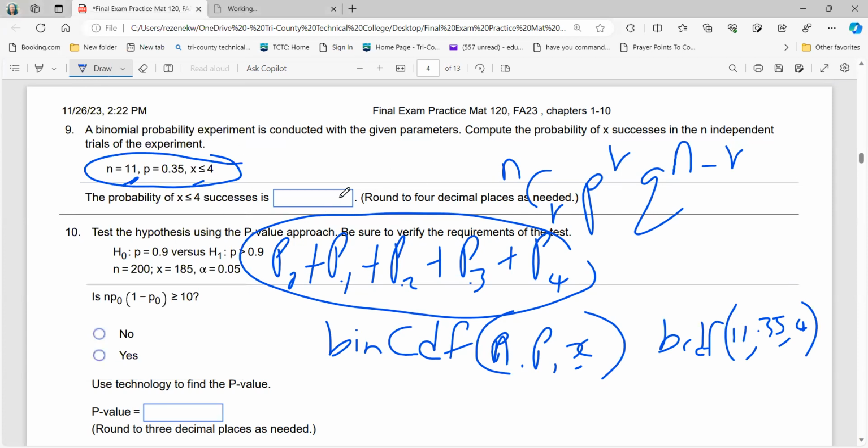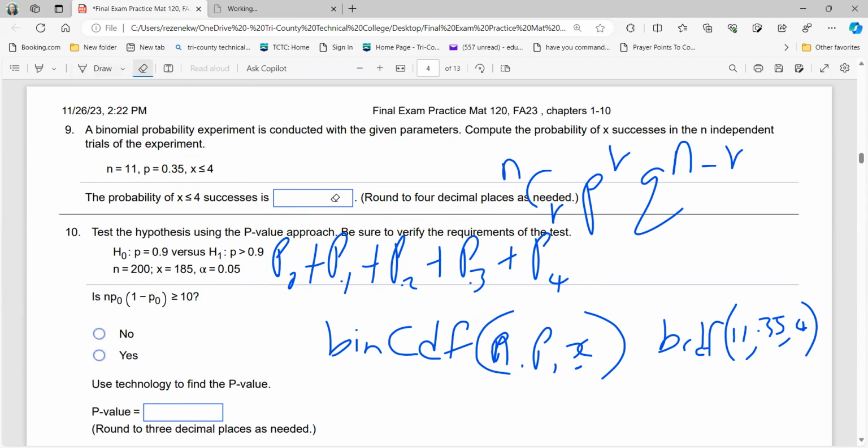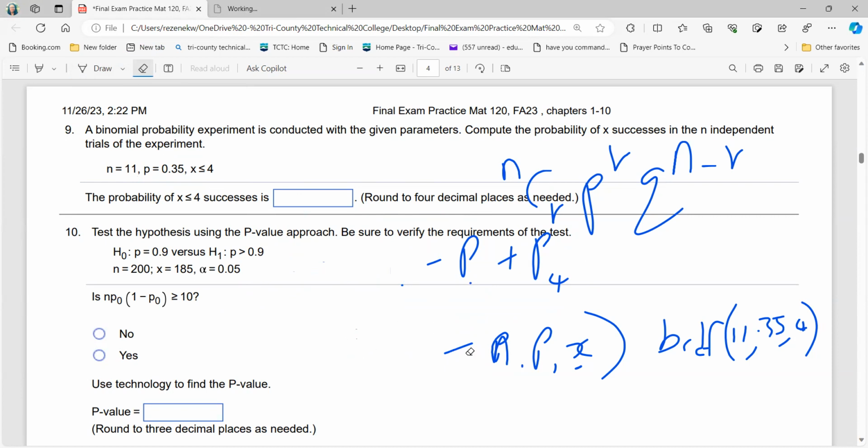Okay, now let's do one, at least make sure we get to hypothesis testing. We did one confidence interval already. All right, I am going to number 10, hypothesis testing. That means we have touched almost every unit.